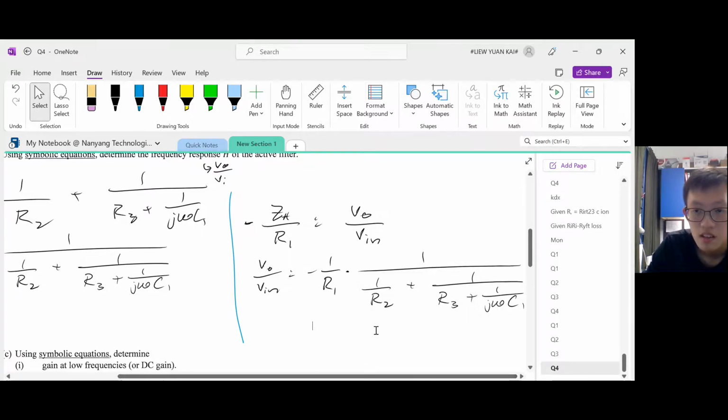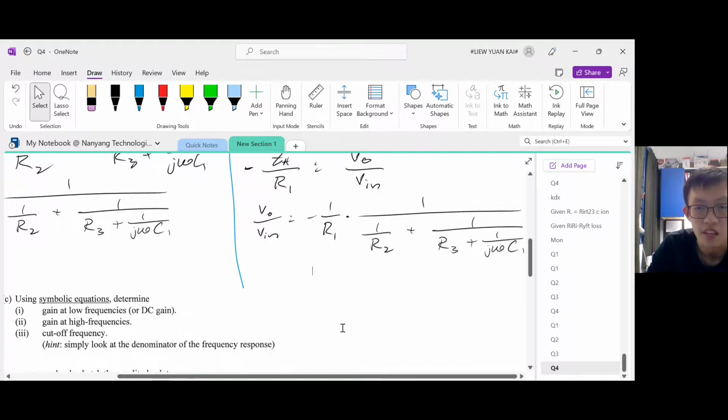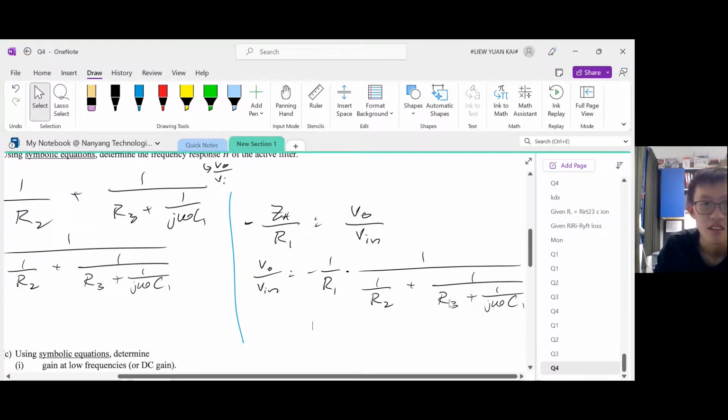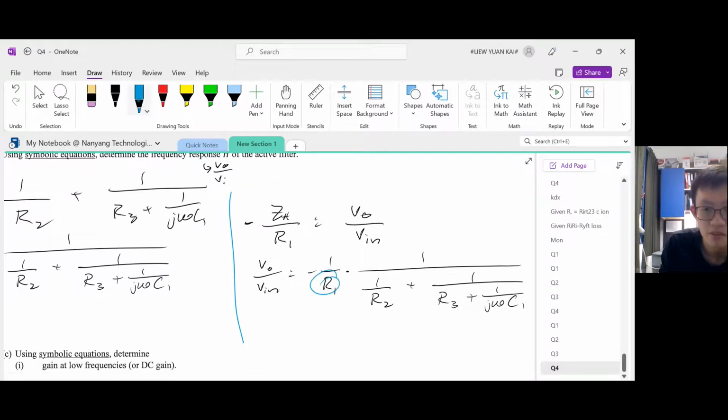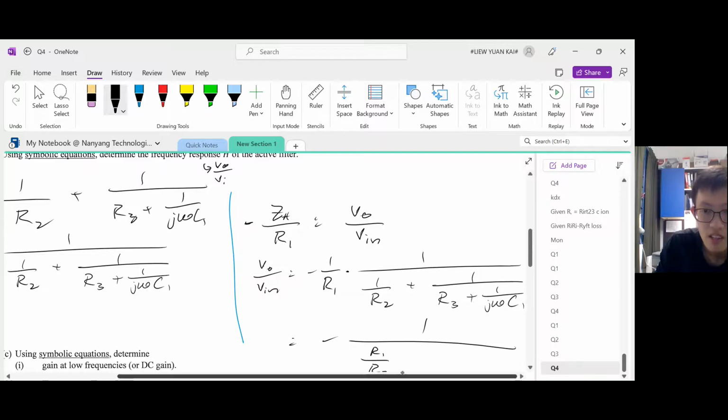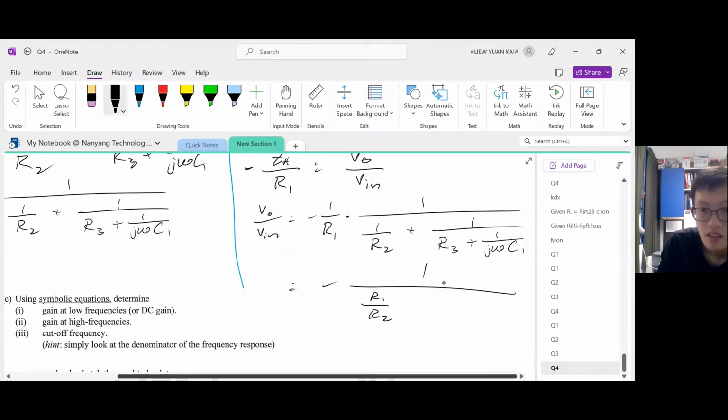Okay, so I'm going to straight away replace it, erase this, and then paste it here. And actually, you can just leave it like that. But if you want to be anal about it, you can multiply this into here and here. So I'm just going to go ahead and do that for you. So negative 1 over R1 divided by R2 plus R1 divided by R3 plus 1 over J omega C1.